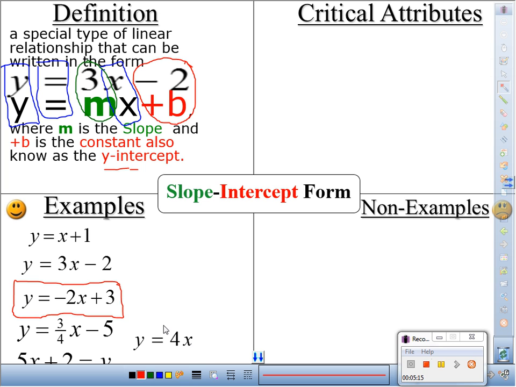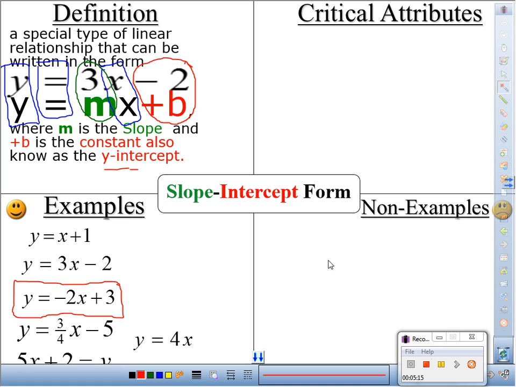Okay, so our slope, I heard, is -2, and my y-intercept is +3. Is that correct? Okay. But remember that we said that we want the slope in fraction form. So how can we write -2 in fraction form? -2/1. So my slope for this one would be -2/1, and my y-intercept is 3.